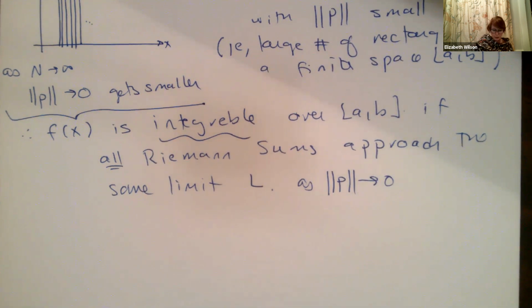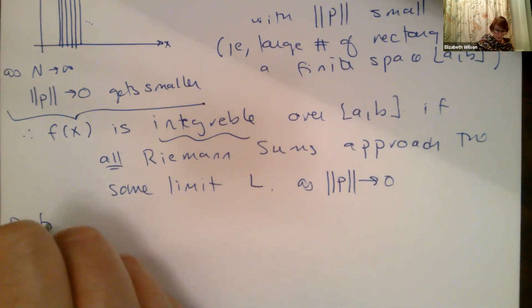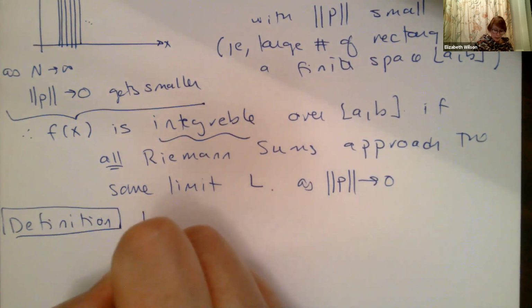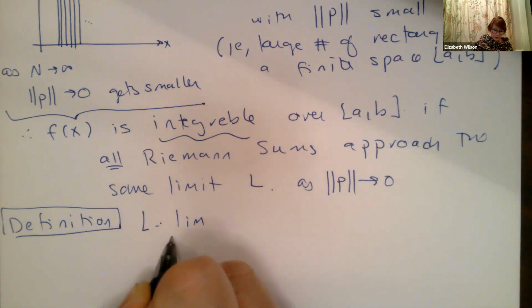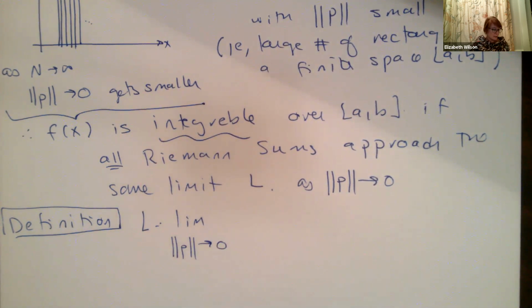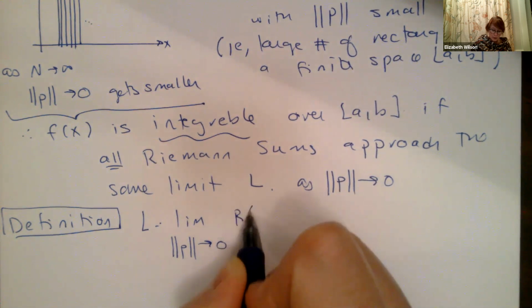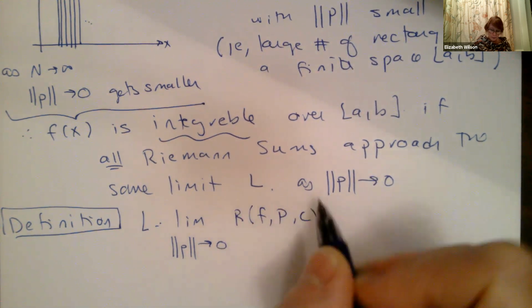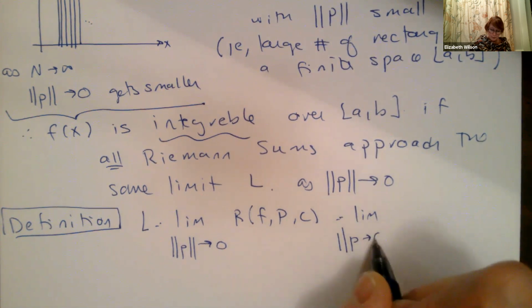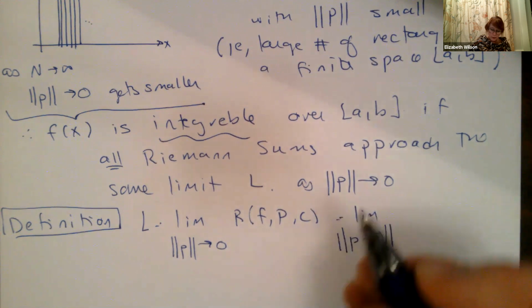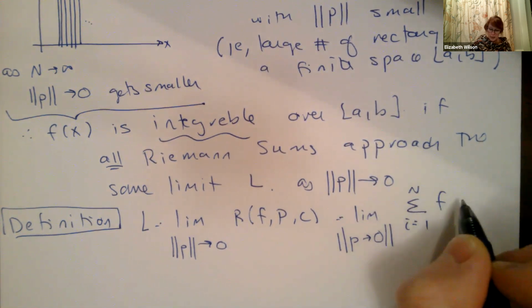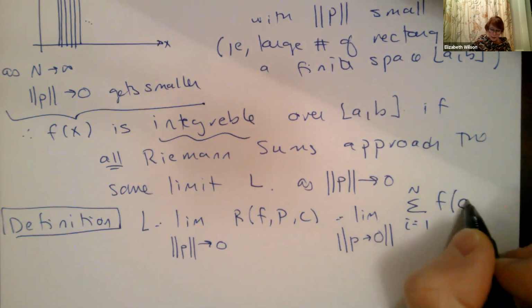Okay, so let's write it down into a definition. So I'll say L is our limit as our biggest delta x gets really small. So as our norm of P gets small of our Riemann sums, which is equal to the limit as the norm of P goes to 0 of the sum from i equals 1 to n of the area of the rectangles, f of c sub i, delta x sub i.